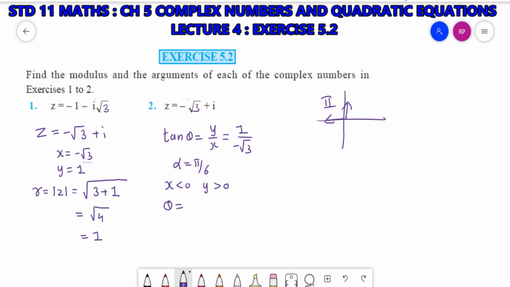So theta is equal to pi minus pi by 6, that is equal to 5 pi by 6. Clear? So this was about question number 2. So just note it down. Sorry, here there is a mistake. Here it will be 2, not 4.